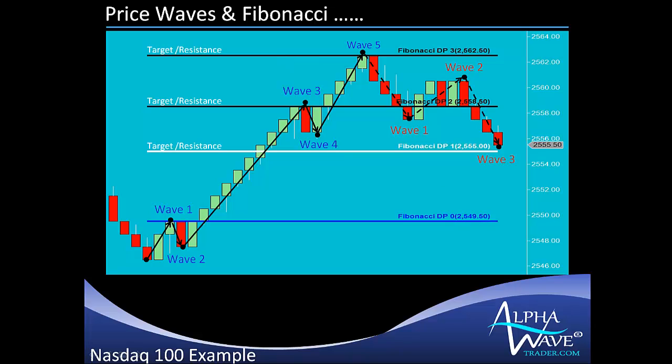This is crucial and flawless major trend dance. 5 waves. And this is all the price does each and every time. 3 waves, minor trend. 5 waves, major trend. No need to make trading complicated. This is Nasdaq.